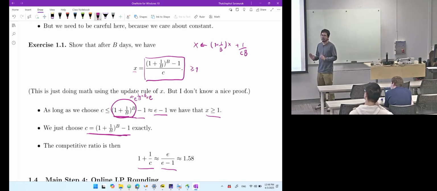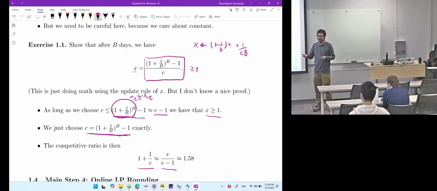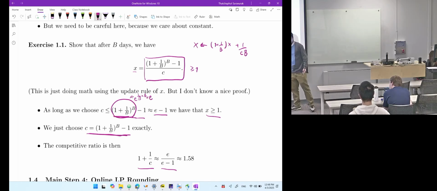So far, what have we done? We relaxed our problem to online LP and solved the online LP competitively with this factor. It's not an exact algorithm. What's the last step?